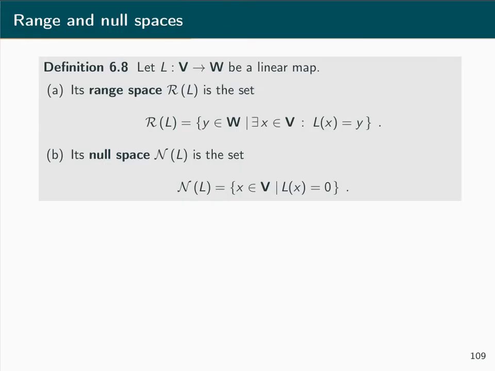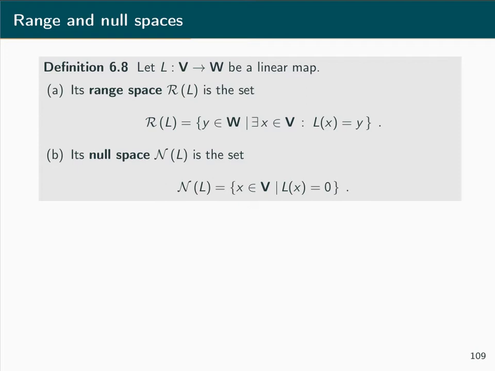Now we proceed to the very fundamental definition 6.8 of the range space and the null space. So let L be an arbitrary linear map from the vector space V into the vector space W. Then the range space of L, denoted with a calligraphic R, is the set of all y in the codomain W such that there exists an x in the domain V with Lx equals y.